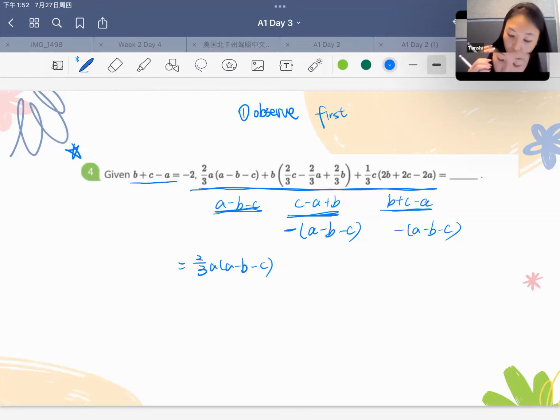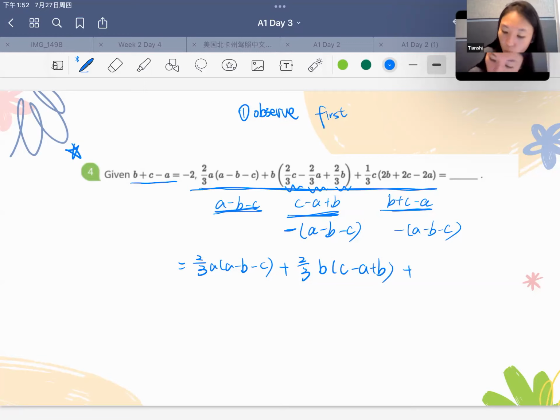And the second term, we want to construct the same one. So we need to put the 2 over 3 in front of the parentheses, because all of the three terms have the 2 over 3. So it's plus 2 over 3 b, and c minus a plus b. And what about the third term?